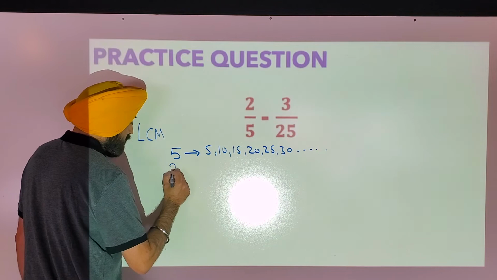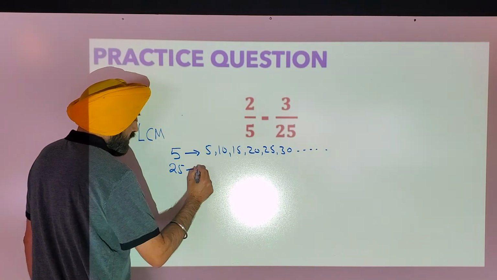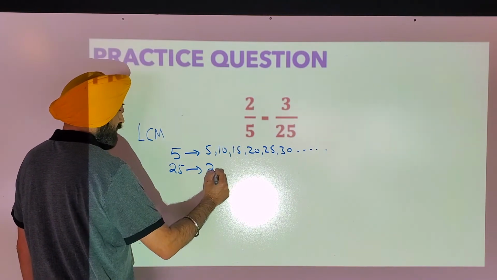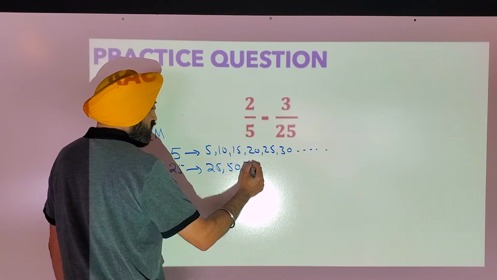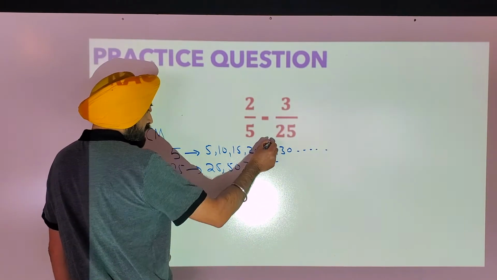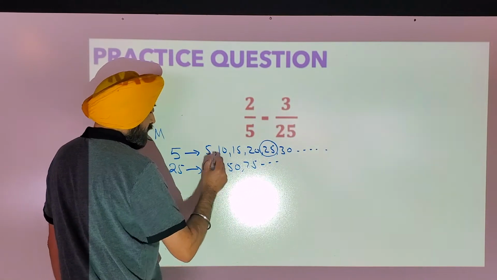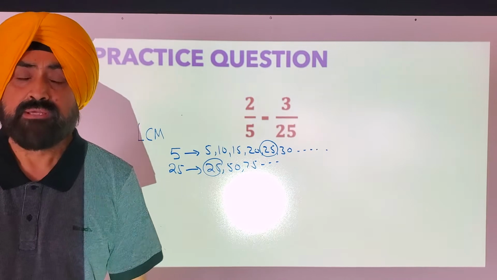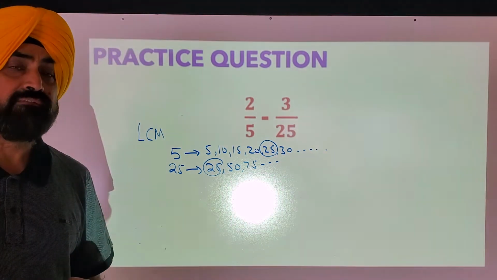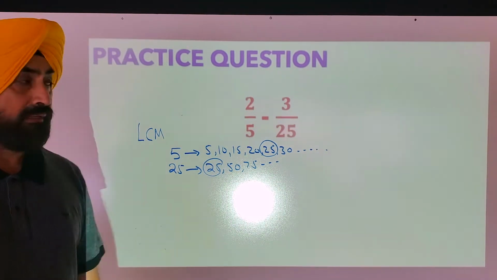Multiples of 25 are 25, 50, 75, and so on. See, 25 is common. So the lowest common multiple of 5 and 25 is 25. Now 25 is our denominator.